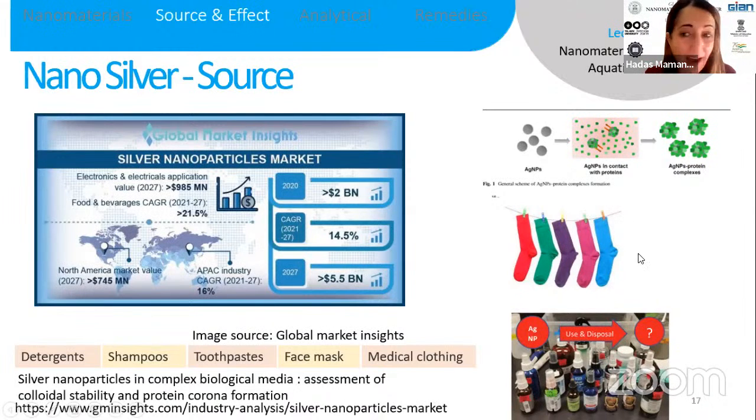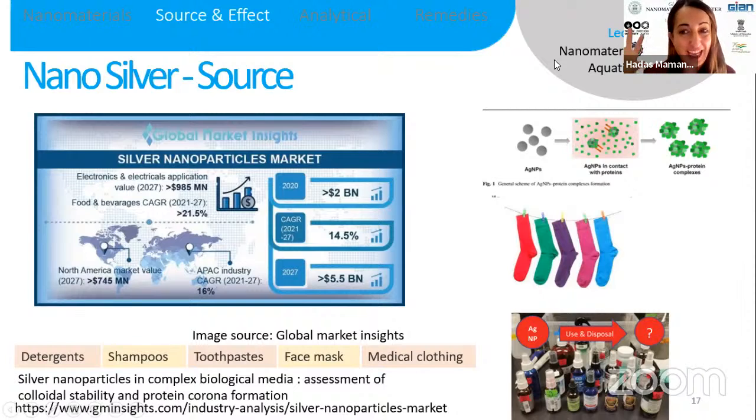From textiles, we have release of silver nanoparticles, also from different chemicals, and of course in detergents, shampoos, toothpaste, face masks, and medical clothing.